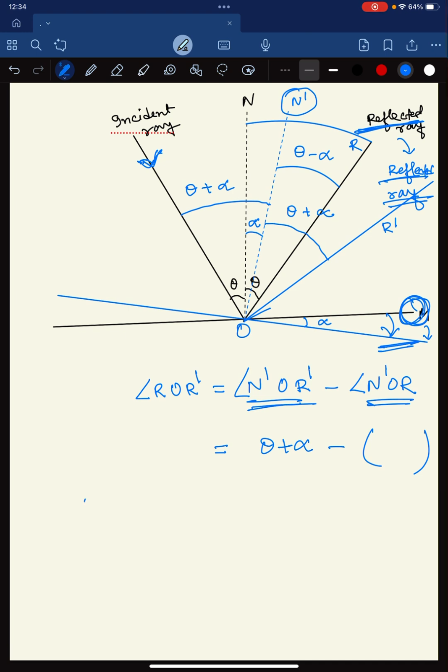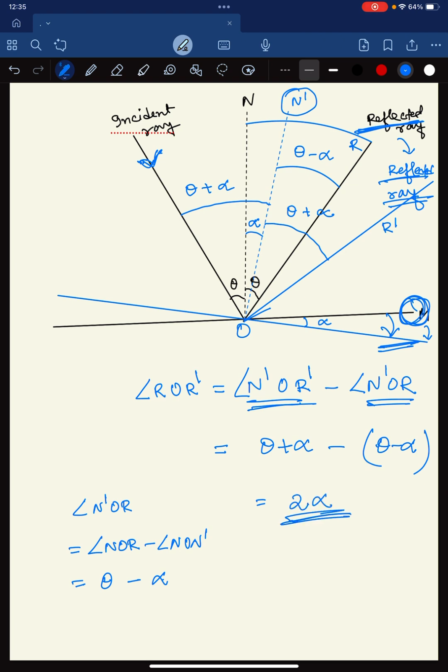Let me write it for you guys. If you see n dash O R, what is that angle? This is nothing but angle N O R minus angle N O N dash. What is angle N O R? This is theta. What is angle N O N dash? This is nothing but alpha. So I can write it as theta minus alpha, guys. Right? So what is the angle R O R dash? It will be nothing but 2 alpha.